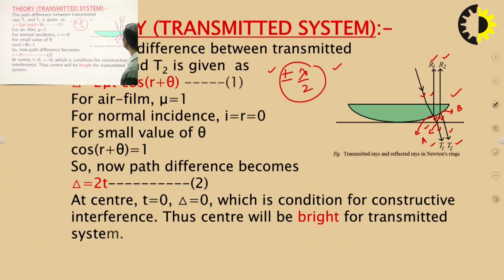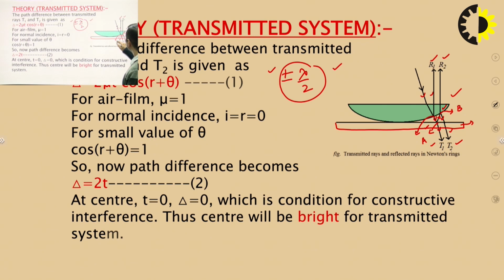That means from point A, which is basically a glass plate, the denser medium, it reflects from point A, and then it reflects from point B, again from the denser medium.